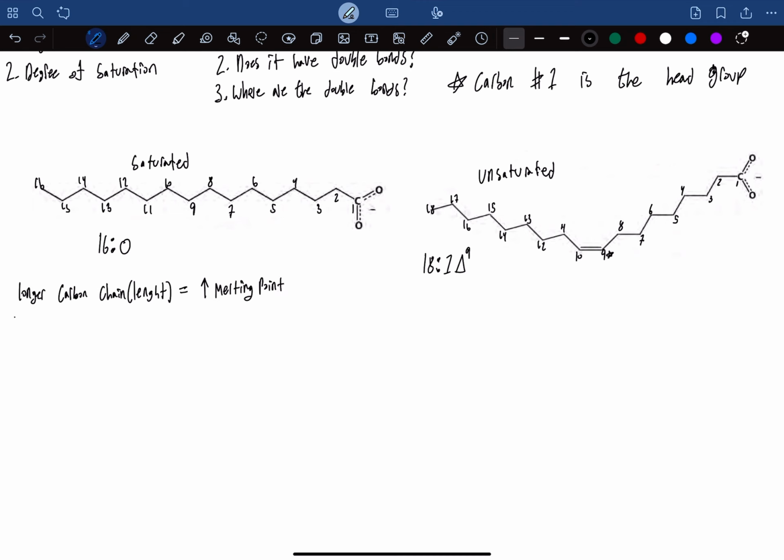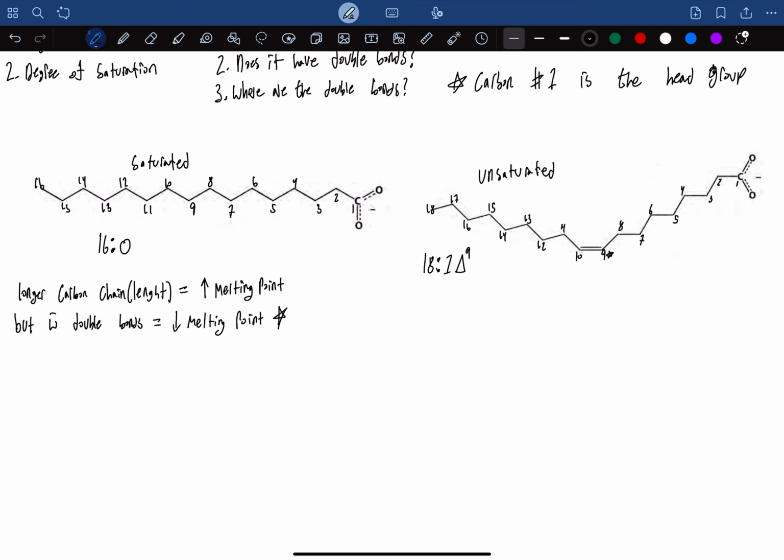But there's a major asterisk with that. If it has a double bond, it's automatically going to have a very low melting point. And this one takes precedence. So if you have a long carbon chain but with a double bond, its melting point is going to be really low compared to one that's medium length and has no double bonds.